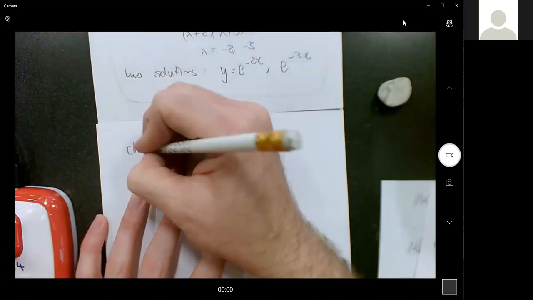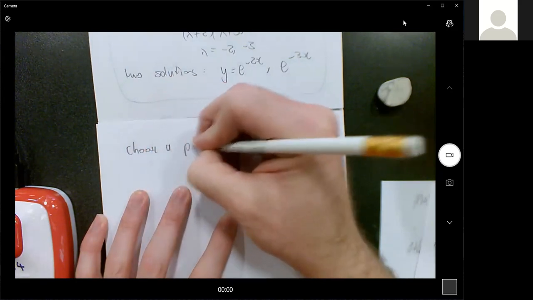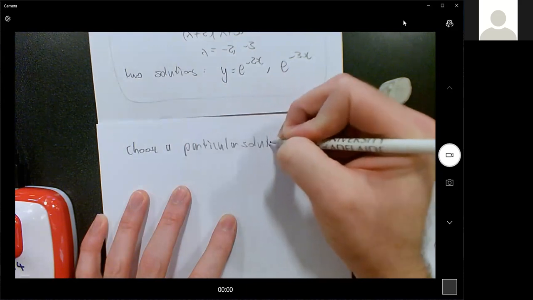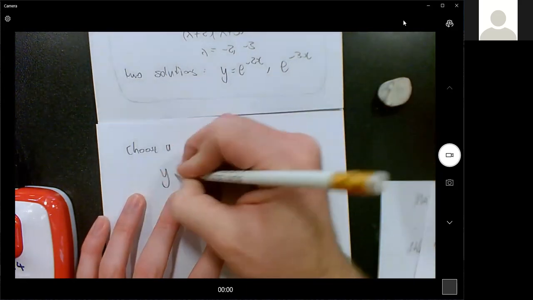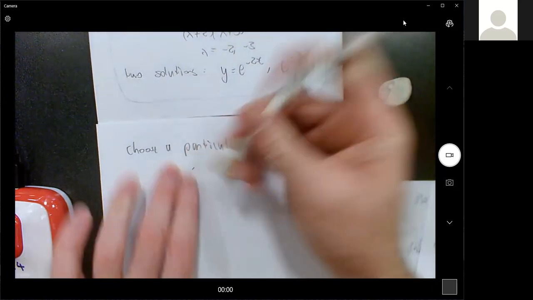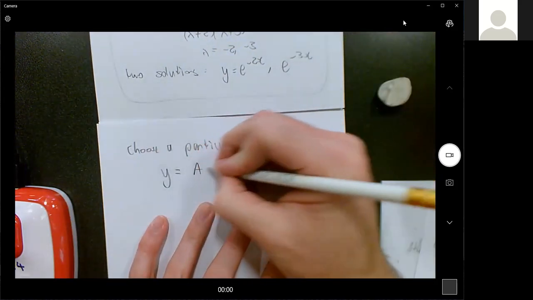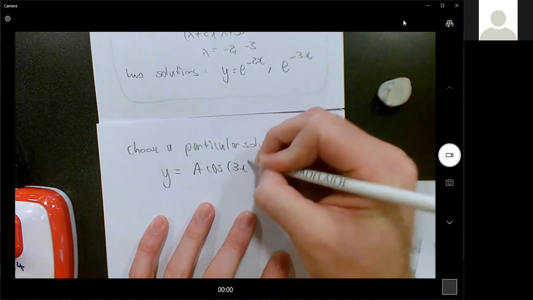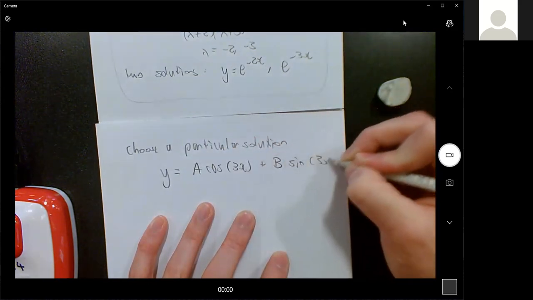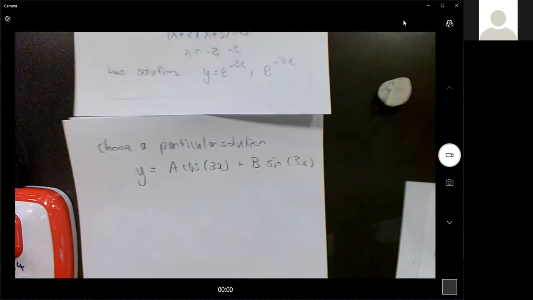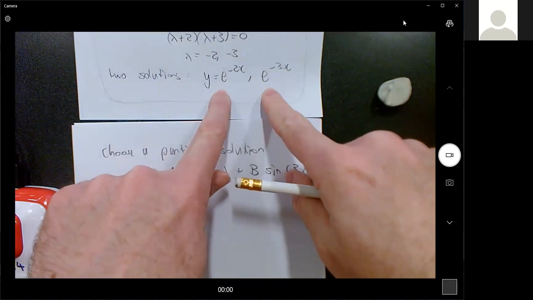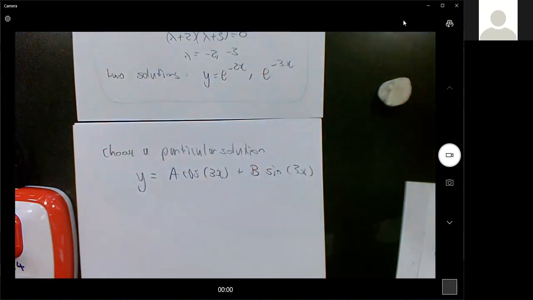So I would choose a particular solution, y equals something, oh crap, I can't call it s. Something times cos of 3x plus something times sine of 3x. And neither of these is listed here, and so it's okay, I can run with this.